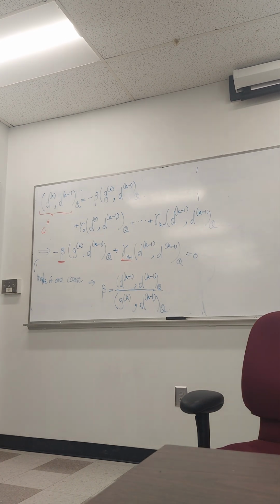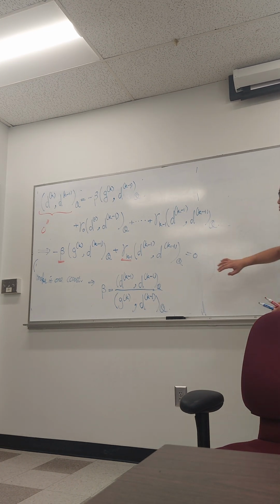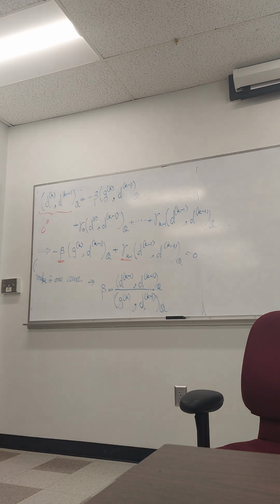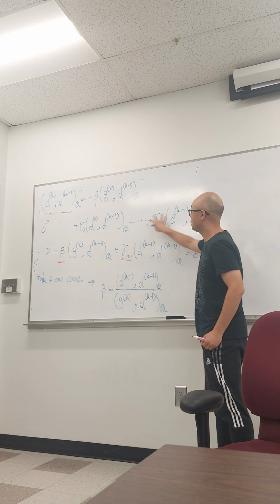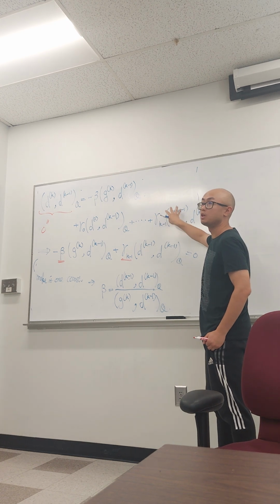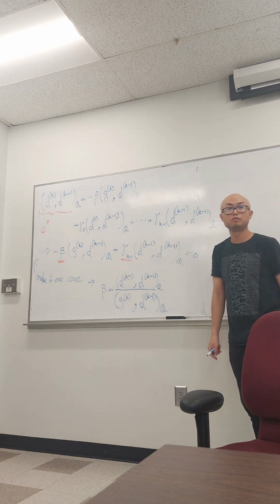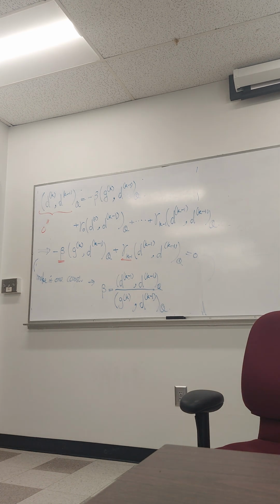I don't think I have time, so let's stop here. Once we choose this beta, we don't have to care about all previous orthogonality. We only have to impose this one condition. Then the vector we chose is magically Q-orthogonal to all previous vectors. Okay, so we'll prove this next time.